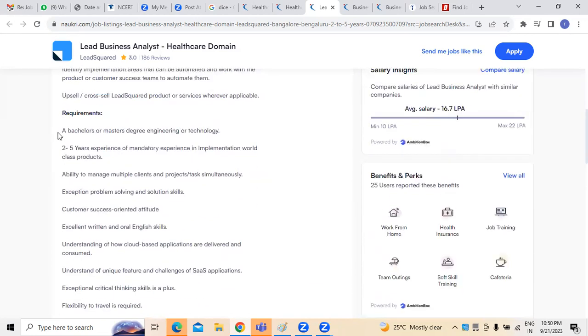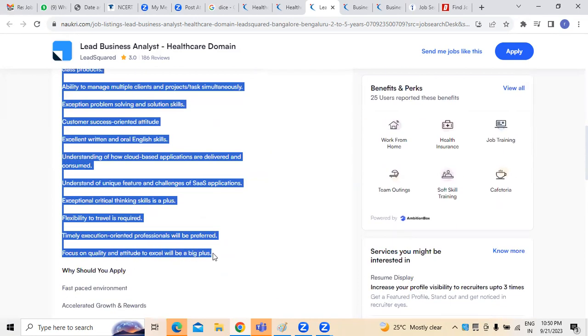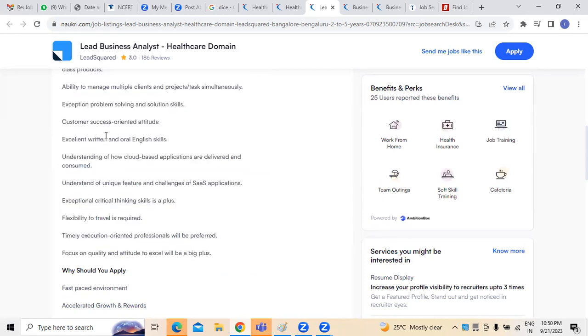And if you see here, the requirements they have mentioned are all common requirements. Common requirements means English communication skills, customer orientation, problem solving skills, underlying competencies. If you remember in yesterday's session, when I explained the craft skills, I mentioned this point.